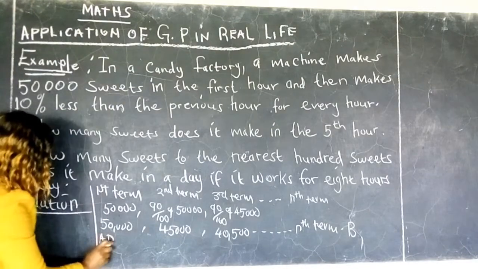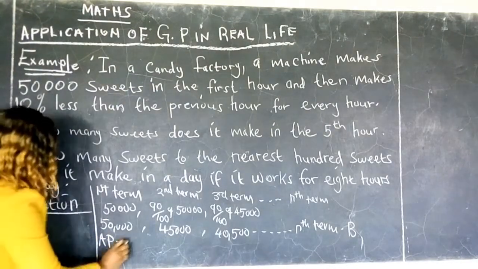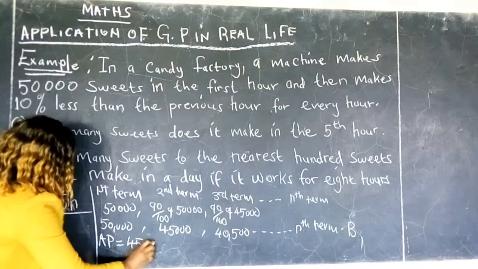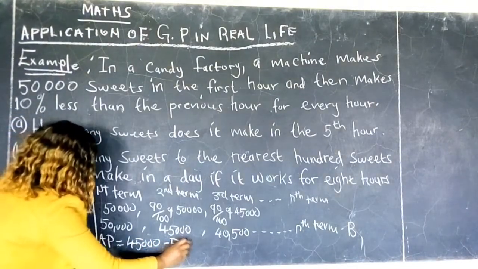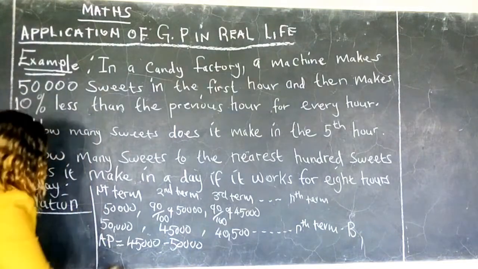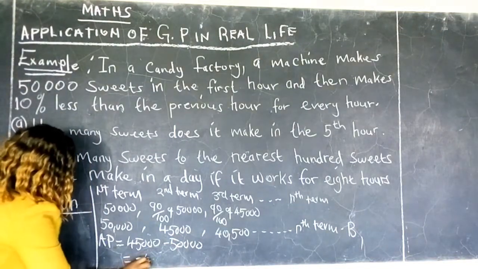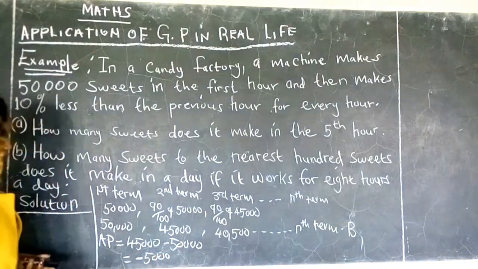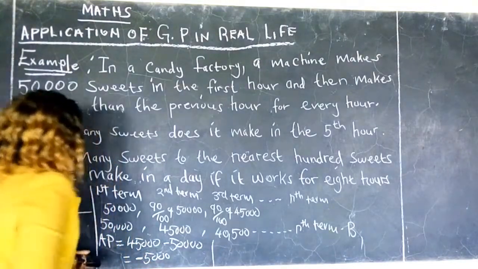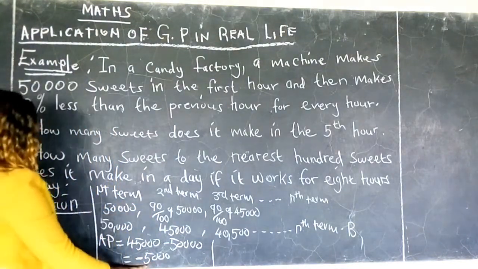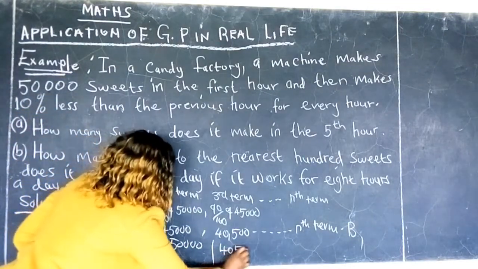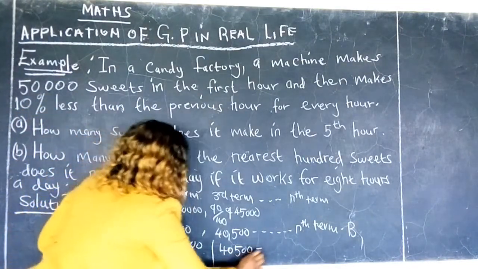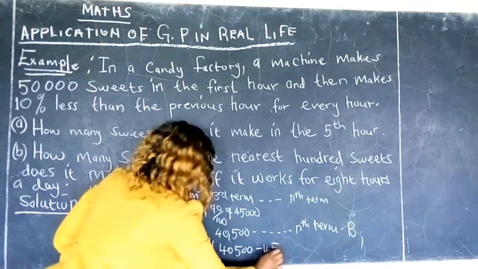For our AP, we know that we should take 45,000 minus 50,000. And in this case, we are getting negative 5,000. How are we going to get the same negative 5,000 when we take 40,500 minus 45,000?